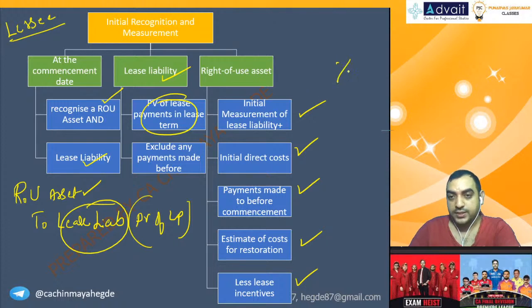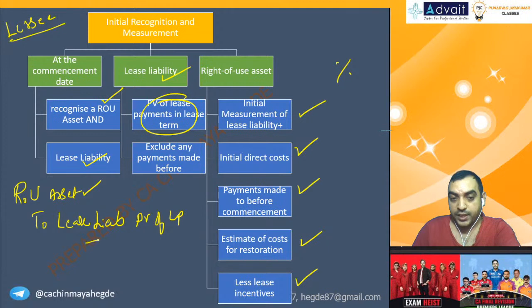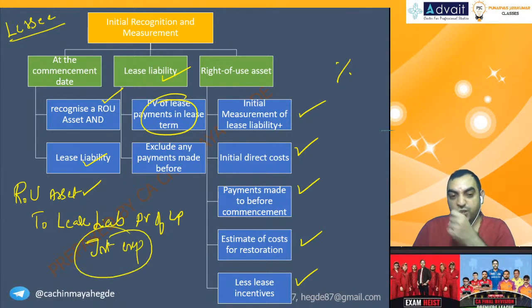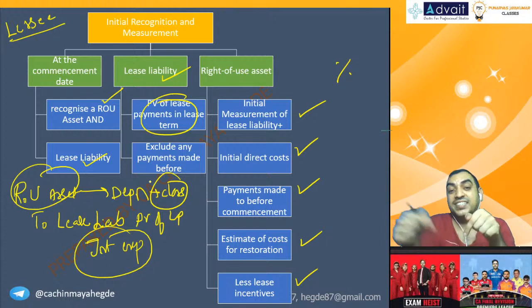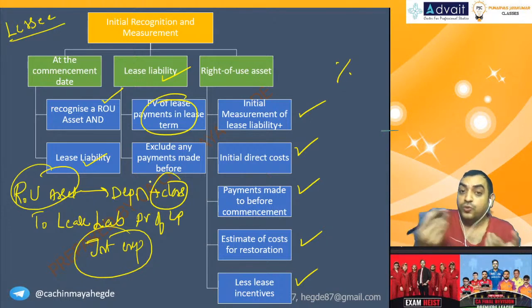This portion is important, and going forward what will happen? On lease liability, you are going to charge interest expense, whatever the rate you have used, and on ROU asset you charge depreciation. Depreciation as per Ind AS 16 depends on what class of assets this belongs to, machinery, building, whatever it may be.